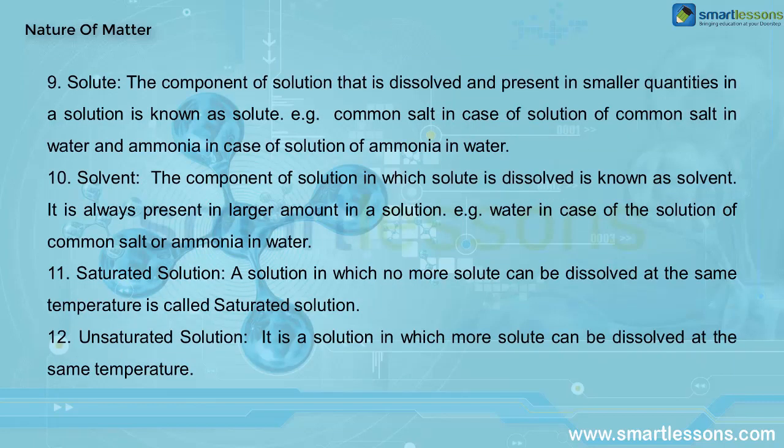When we are talking about solution, it has broadly two components, solute and solvent. The component of solution that is dissolved and present in smaller quantities in a solution is known as solute. As an example, common salt in case of solution of common salt in water, and ammonia in case of solution of ammonia in water.